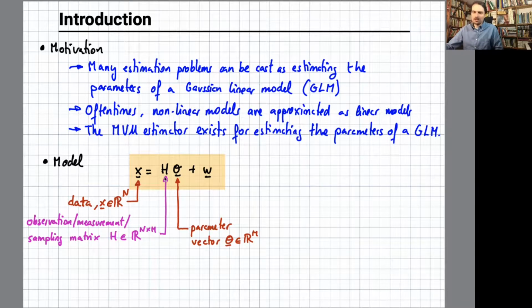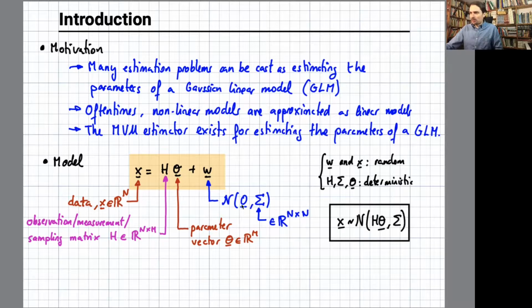And it is referred to in multiple ways. It can be observation matrix or measurement matrix, sampling matrix. Depends on the context. And the noise is assumed to be Gaussian with zero mean and covariance matrix sigma, which is obviously of size N by N.